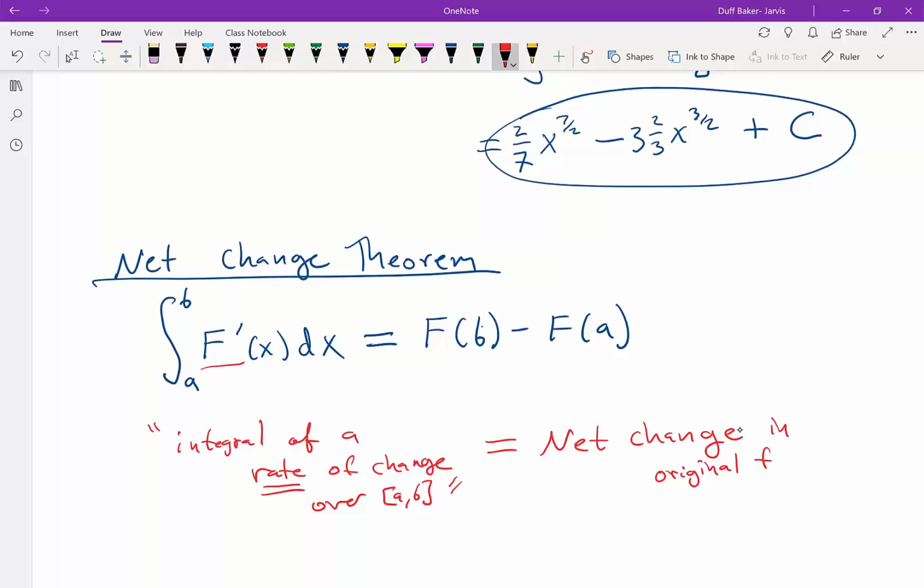So there's an f prime on the left side, but there's no prime on the right, right? This is why we call it the net change theorem: if we want to know how much a quantity changed by, that would be the right-hand side.